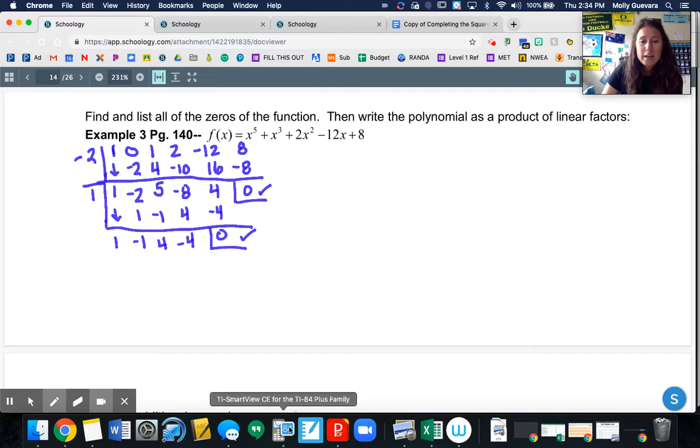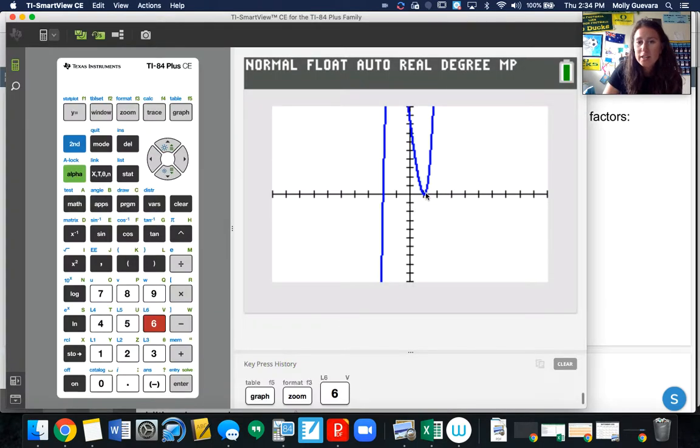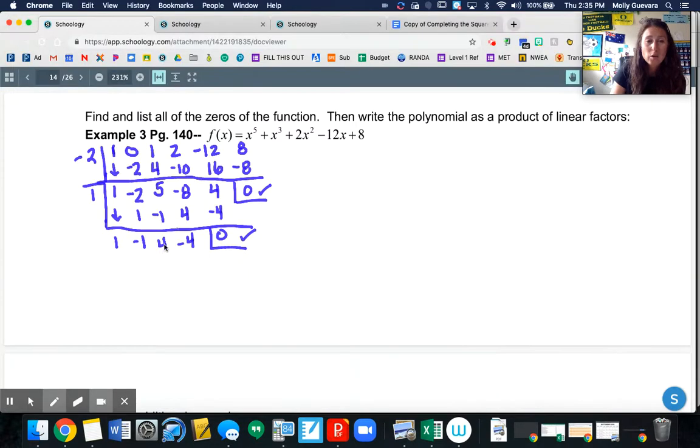Okay, that's great, but let's look at this graph. 1 actually has a multiplicity of 2. So you actually count 1 twice because it bounces off of 1. It has a multiplicity of 2. So it means I have to count it 2 times. So I'm actually able to do this again, and I can divide by 1 a second time.